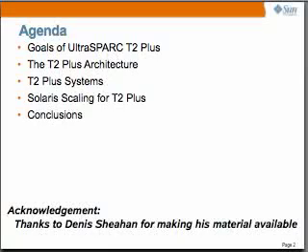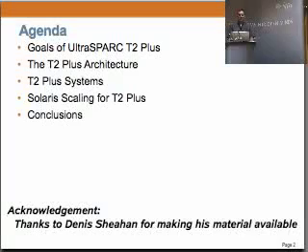I would like to spend a few minutes talking about our latest and greatest product in the CMT space, internally called the Victoria Falls processor. I'll focus on the architectural aspects of that design. The official product name is UltraSPARC T2 Plus.